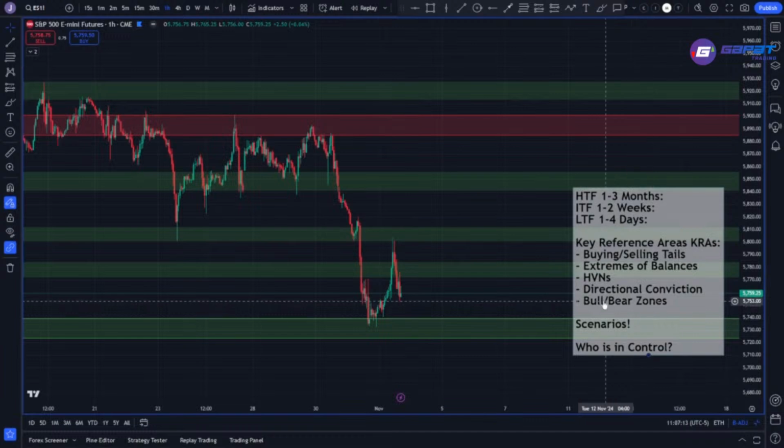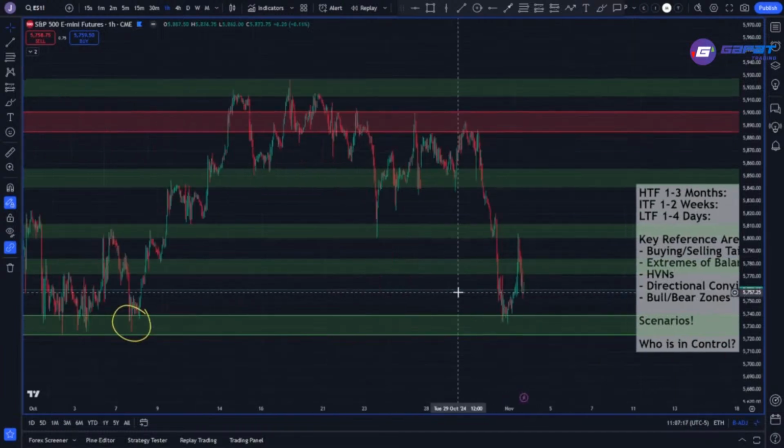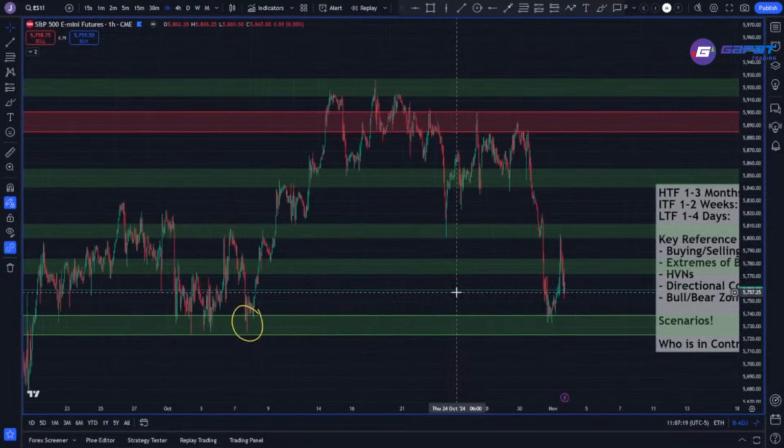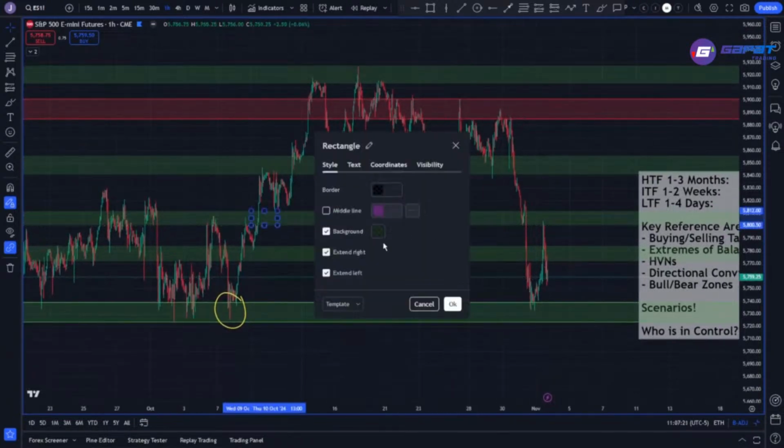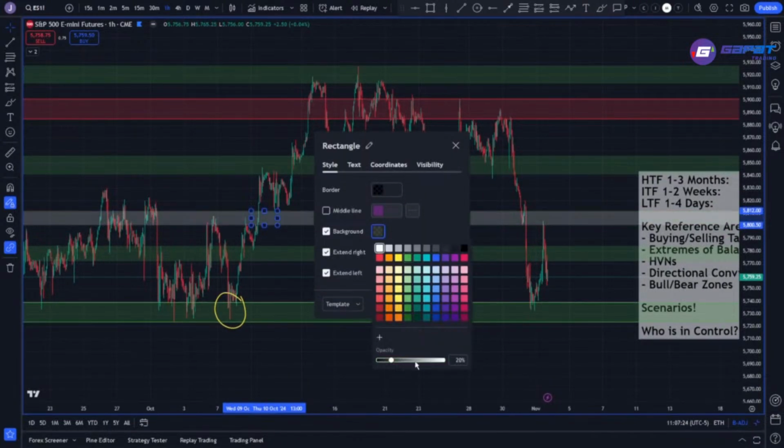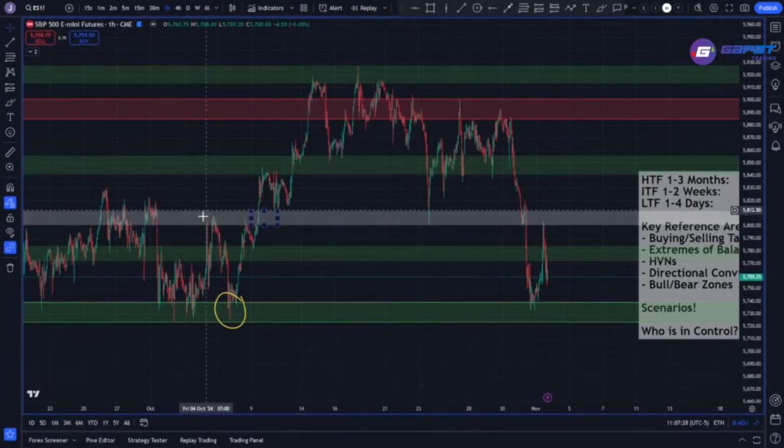And then bull bear zones. This is the last key reference area that I'm looking for. So what a bull bear area is, practically, is this level right here. A bull bear area is where, when price comes into the level, the sellers push price away.